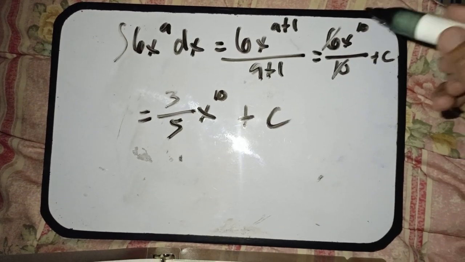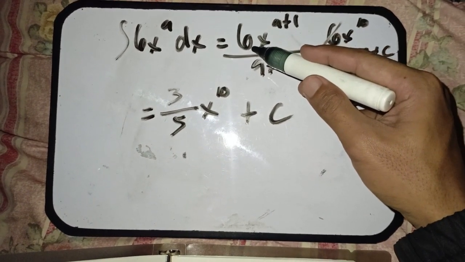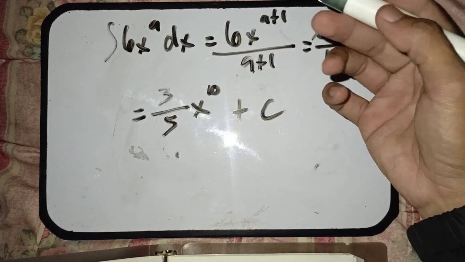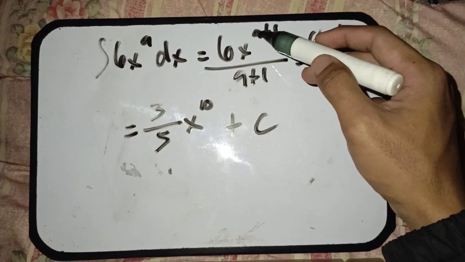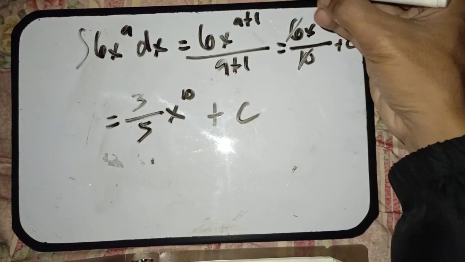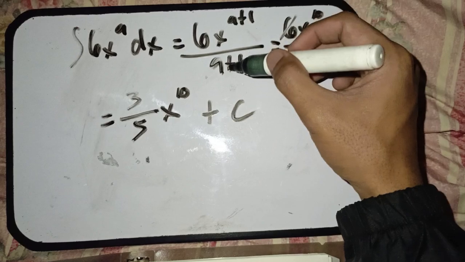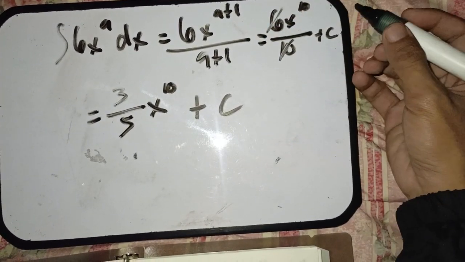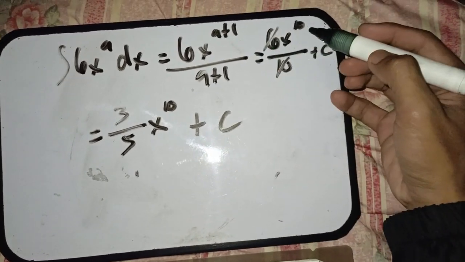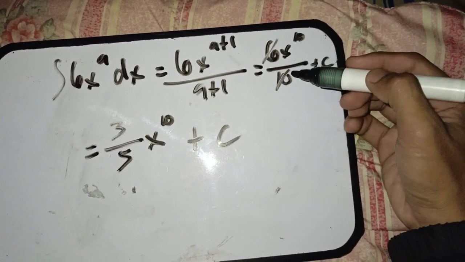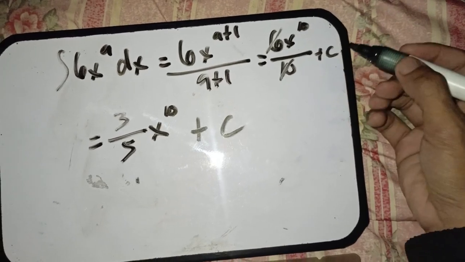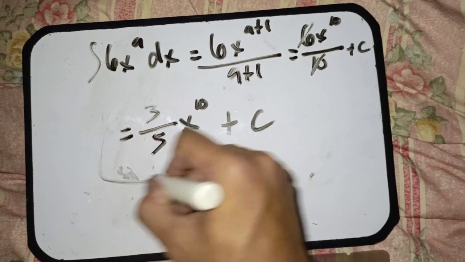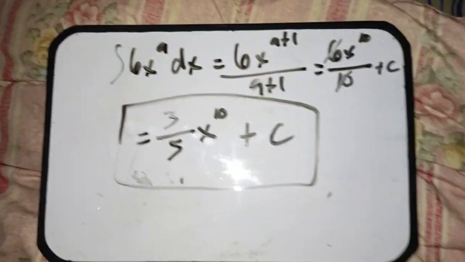Our x is raised to n, which is 9, so we add 1 to it, and on the denominator we use n plus 1. Then we combine and solve, plus c, then reduce to lowest terms. This is the answer for our first problem.